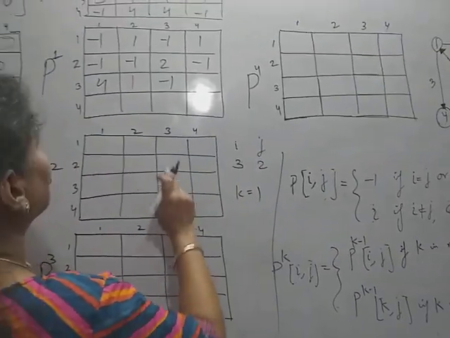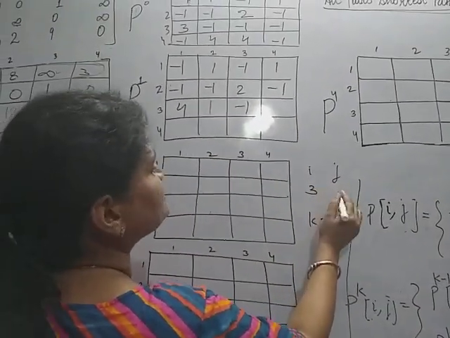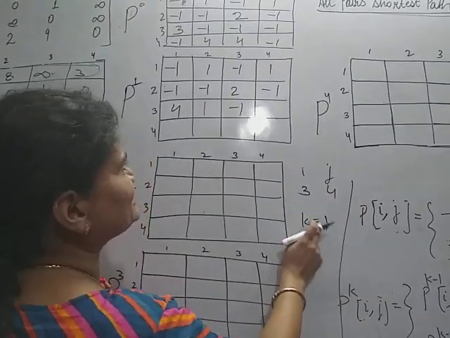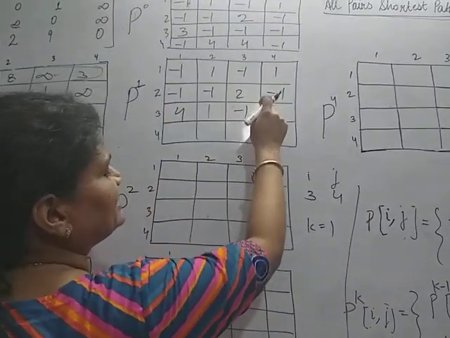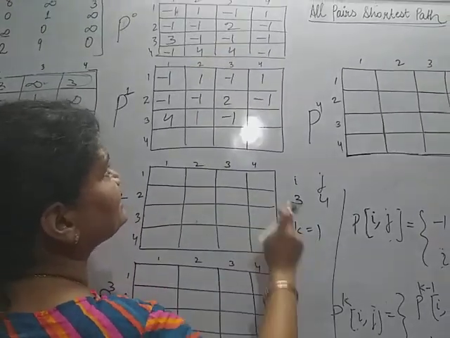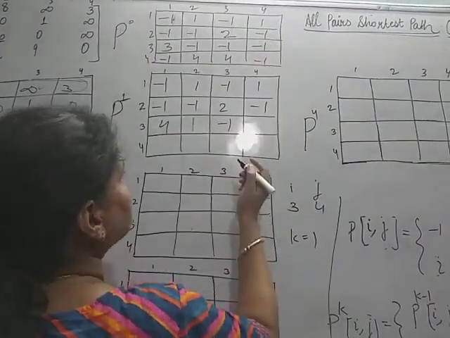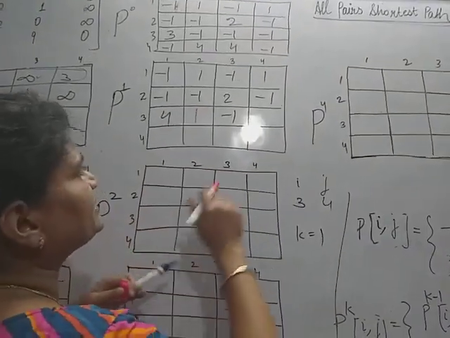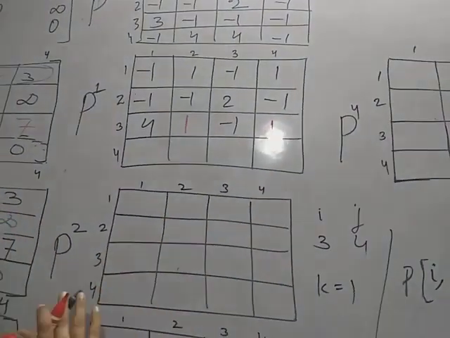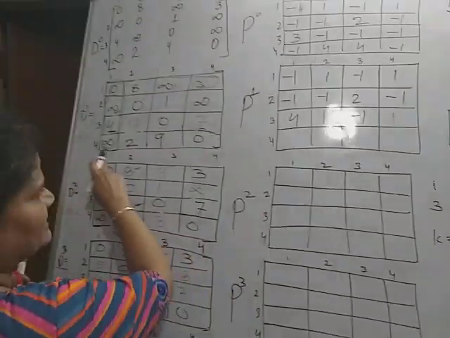So what it's saying, i is 3, j is 4. The 3, 4 entry will be changed by the previous path matrix as 1, 4. So here 1, 4 is 1. So simply this is 1, okay, and no entry is changed here in all this.